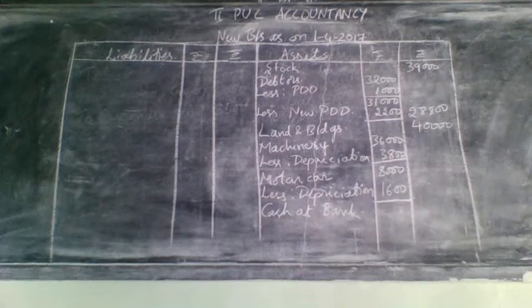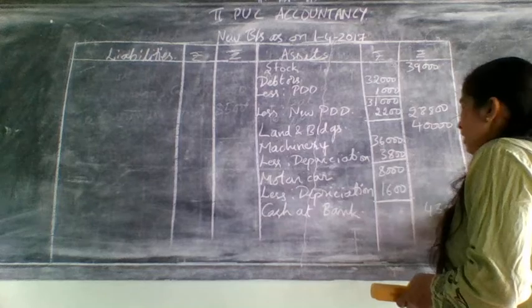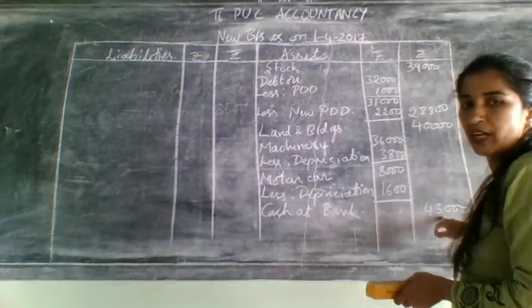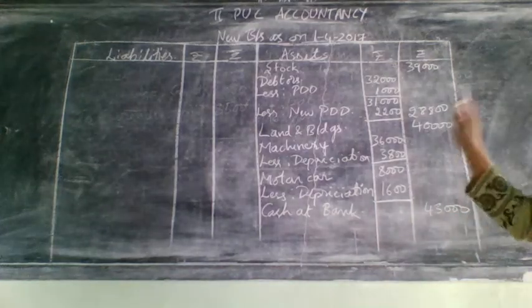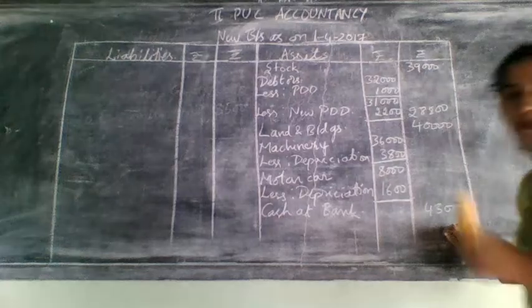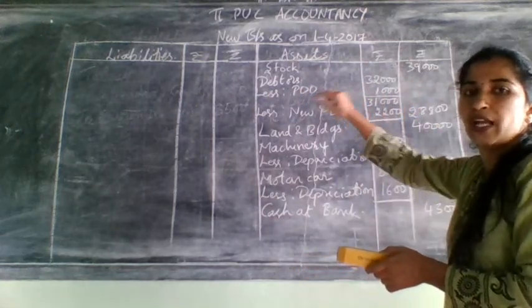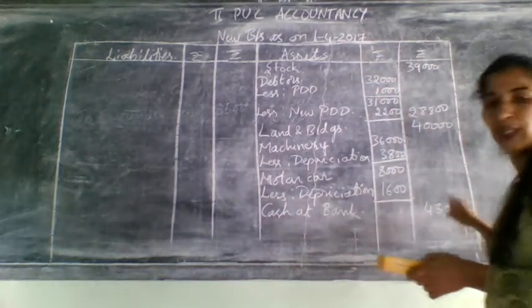It came 43,000, written as balance carried down on the credit side of the bank account. That amount you need to write here, 43,000. Don't write any other thing for bank. Bank means balance carried down, transferred to balance sheet. That amount will come here.